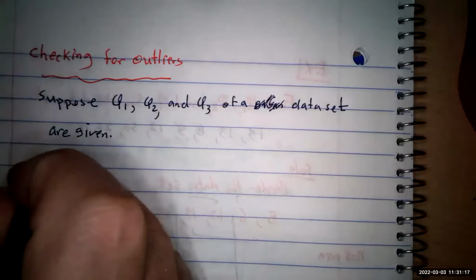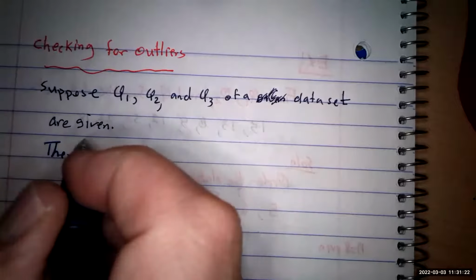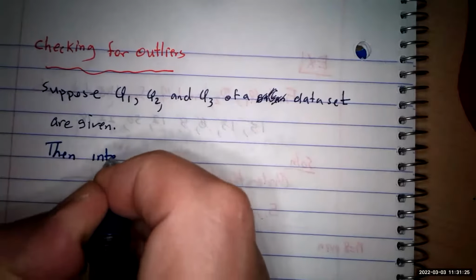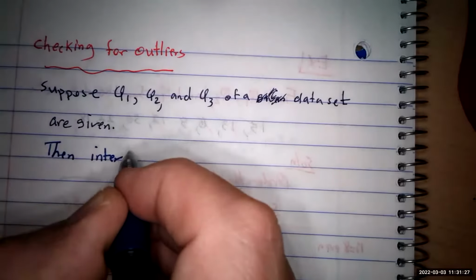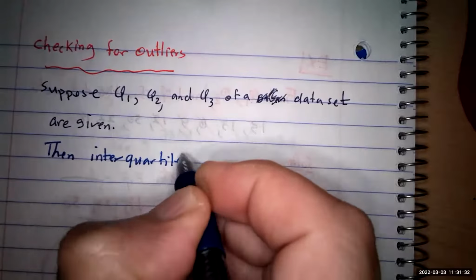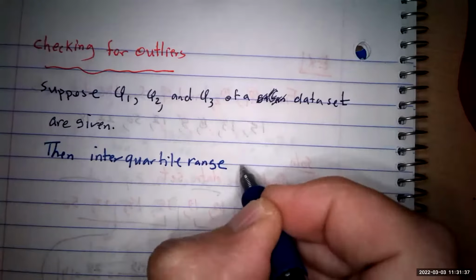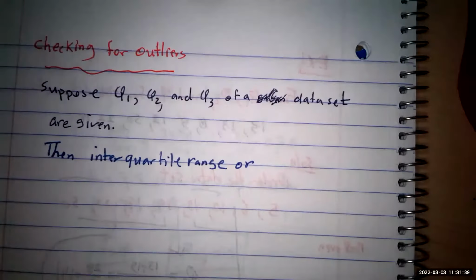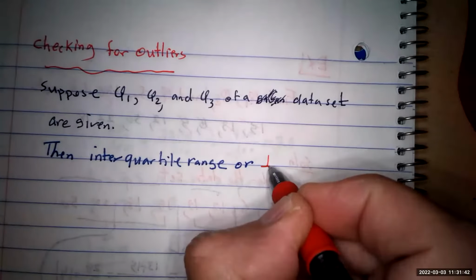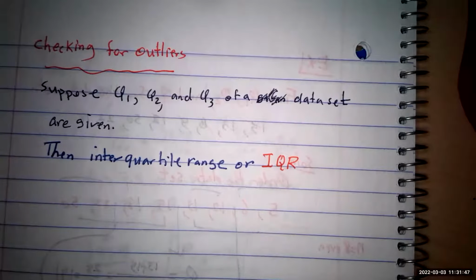This number for any data in statistics is going to be called the interquartile range. The expression on the calculator or in general is IQR. So if you see IQR, this means the interquartile range.